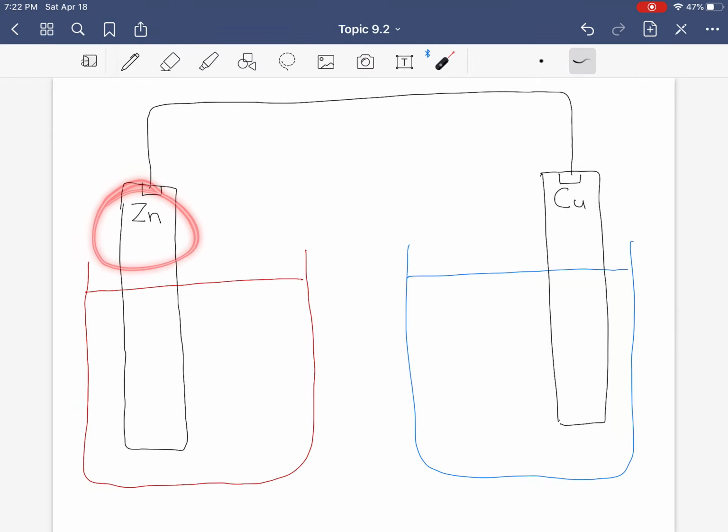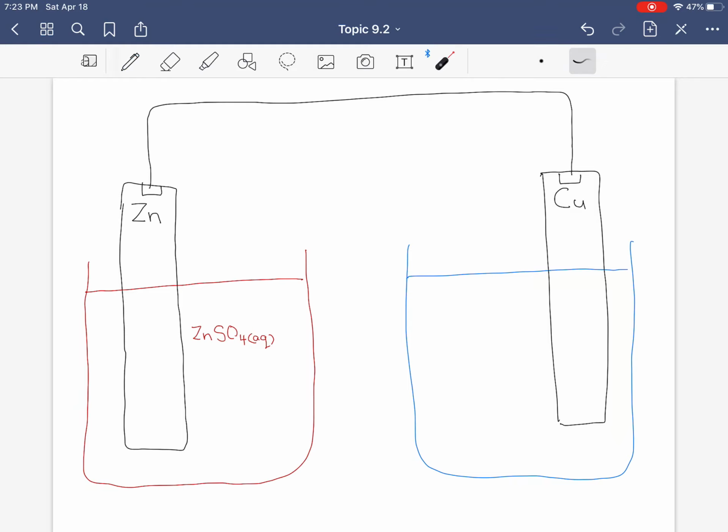Now, it's very specific in terms of what you have to put in here. Since this is a zinc strip, this solution right here has to involve zinc. What I'm choosing here is zinc sulfate. It has to be a solution.